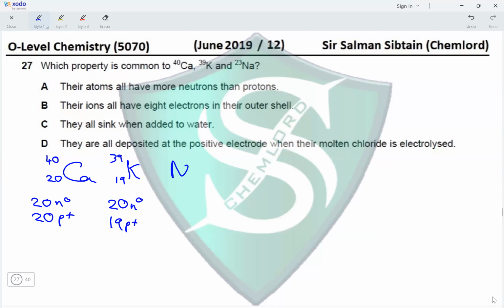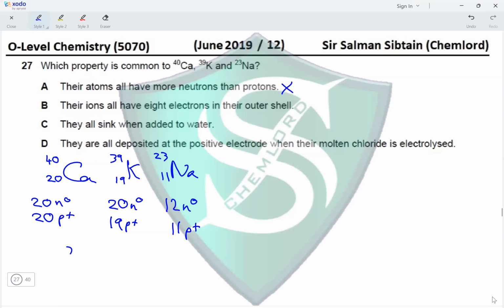And in sodium, we've got a nucleon number of 23 and an atomic number of 11. So the number of neutrons would be 23 minus 11, which gives us 12 neutrons and 11 protons. So the statement is only true for potassium and sodium and is untrue for calcium, making the statement incorrect. Next, their ions all have 8 electrons in their outer shell.